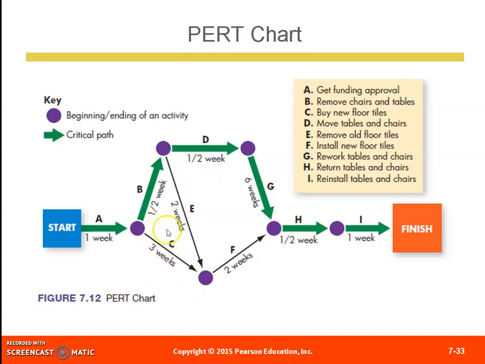It doesn't mean that the C, E, and F work need not be done, but they can be done while doing the other jobs. That is what the PERT chart is all about. It determines the critical path and the most time-consuming set of activities for completing the project.